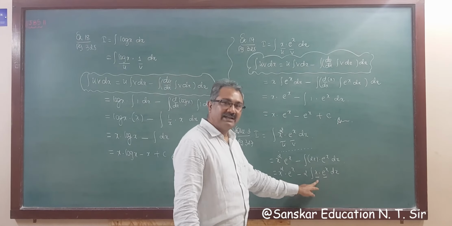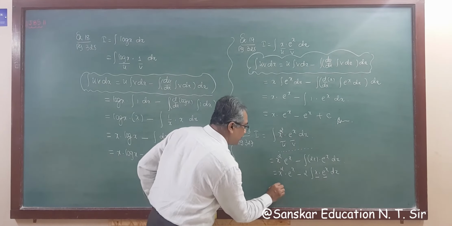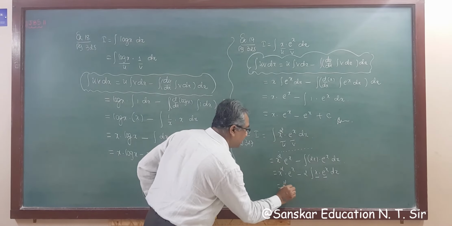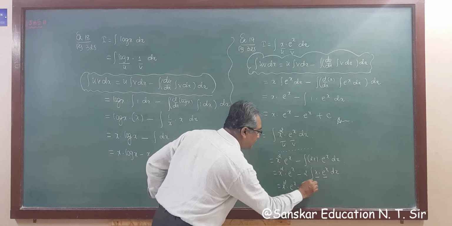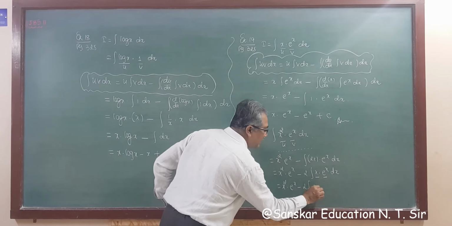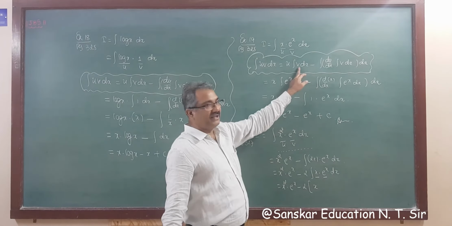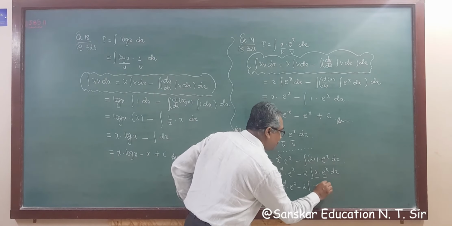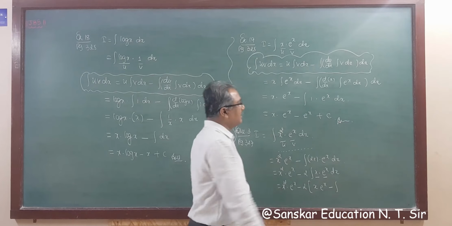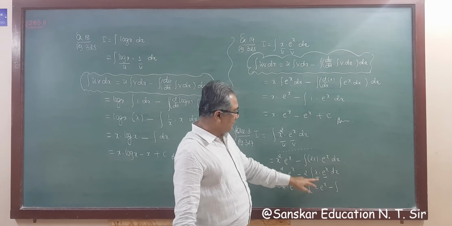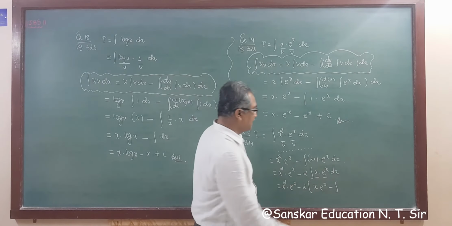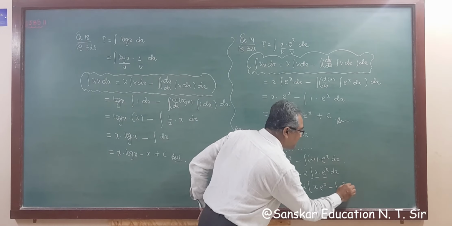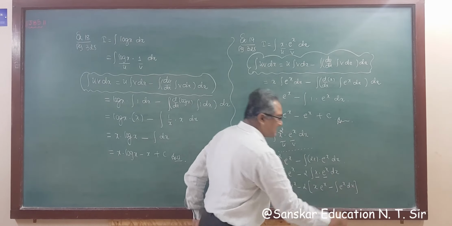So again applying integration by parts here, what do we get? I am going to write directly, so pay attention here. This is x as it is. Integration of e raised to x, that is v dx, is e raised to x, minus integration of d by dx of x, that is 1, and v dx is e raised to x dx.